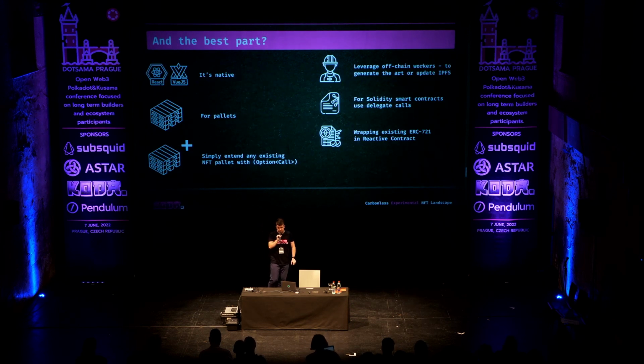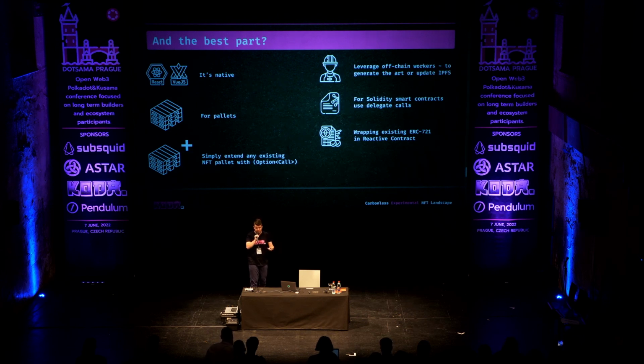It's native, so we don't need to change many things in the core of the Substrate code base. And for the palettes, the built-in blockchain modules, we simply extend any existing NFT palette code with the optional call. Also there is a cool thing called off-chain workers. You can use them, for example, to update the metadata on IPFS.